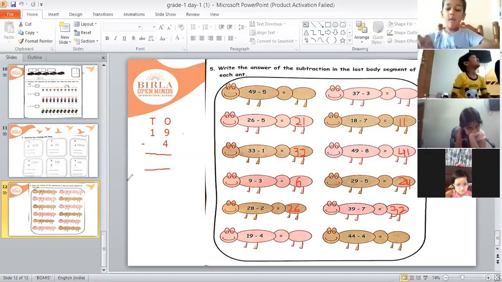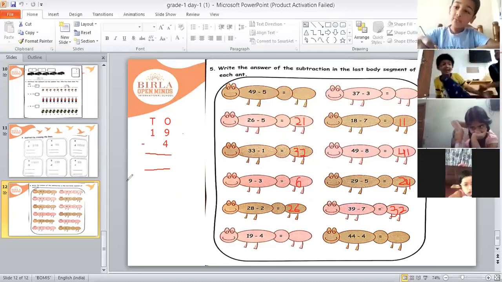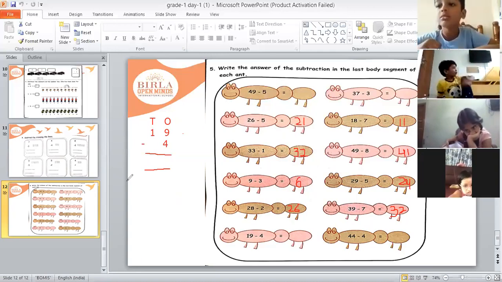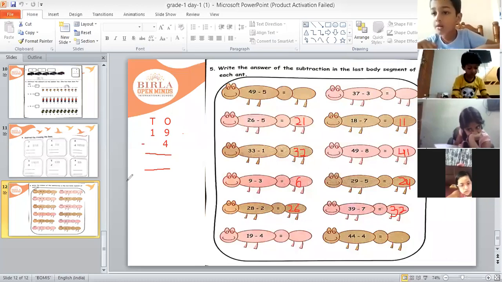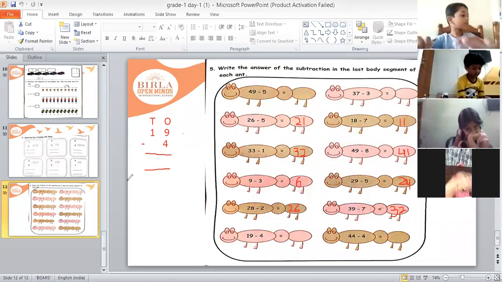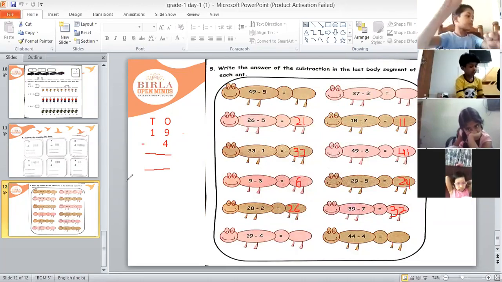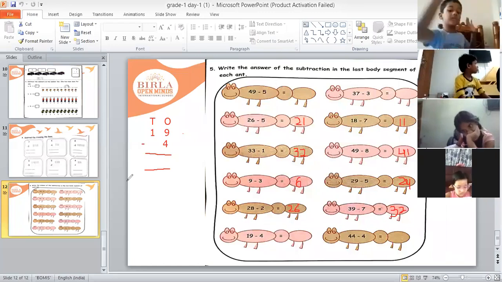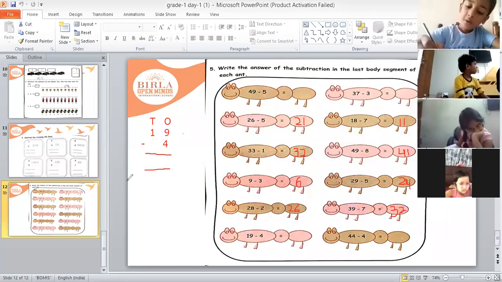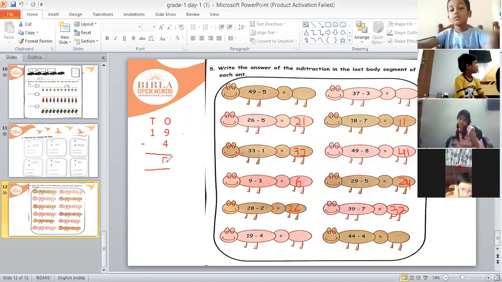See children, how can we do this? We take out 9 fingers, our first number is 9. Out of these 9 fingers, we remove 4 fingers. 1, 2, 3 and 4. In this way, we'll remove our 4 fingers. 5 fingers are left now. This means 9 minus 4 is equal to 5. Very good, Sai Ritvik.